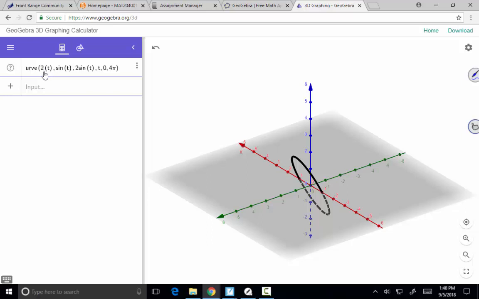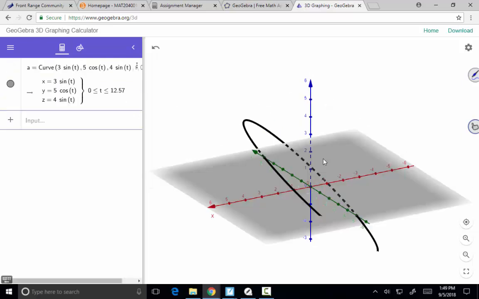Okay, so 3 sine t, and then the middle one was 5 cosine t, and 4 sine t. Enter. Yeah, so we're going to get a tilted ellipse.